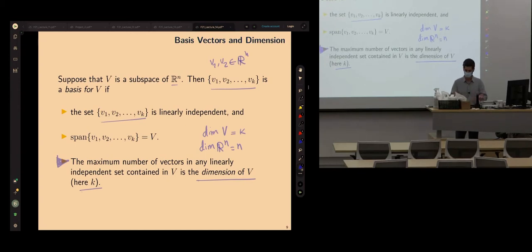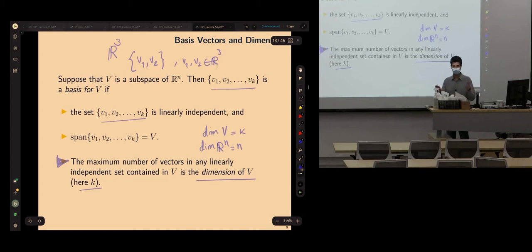Let's say I'm talking about R3, and a set of vectors v1 and v2. Now, v1 and v2 in this case are what? They are three-dimensional vectors, but I have two of them.